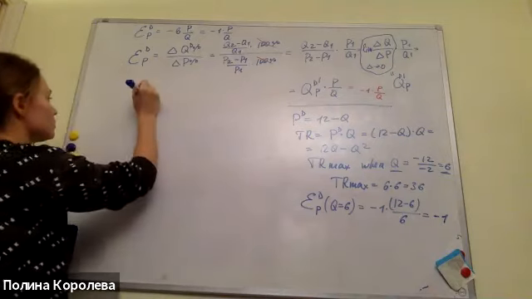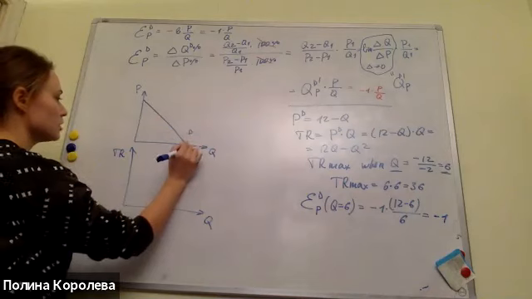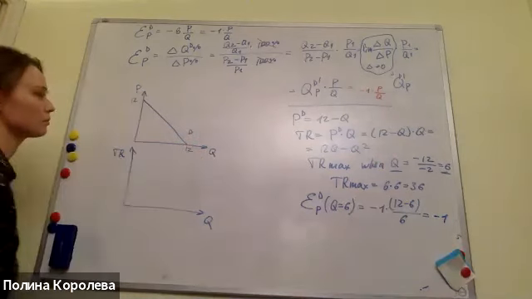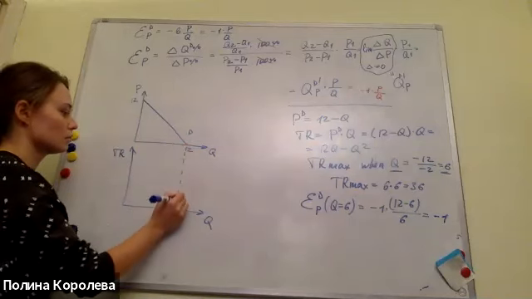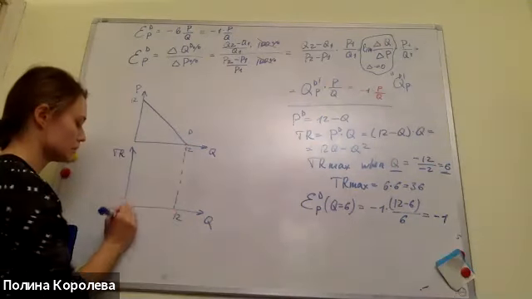For our example, please draw two graphs, one under another. Here quantity, here price, here will be total revenue. This is our inverse demand function. Demand, here 12, here 12. Here 12, here 0.